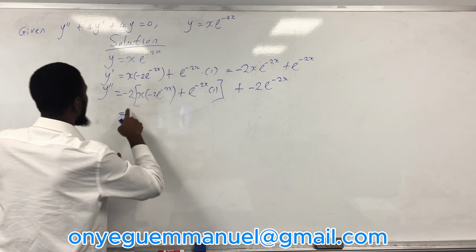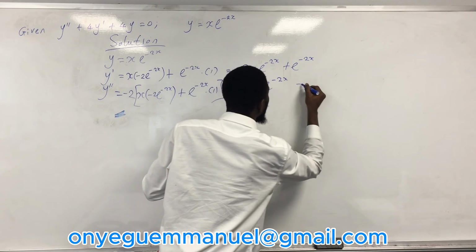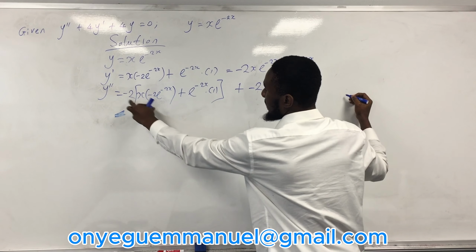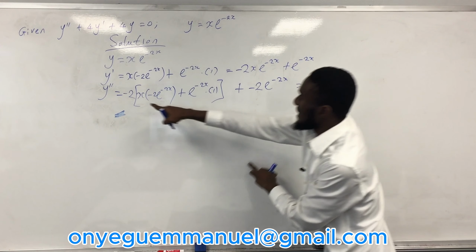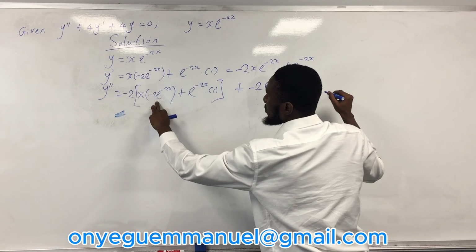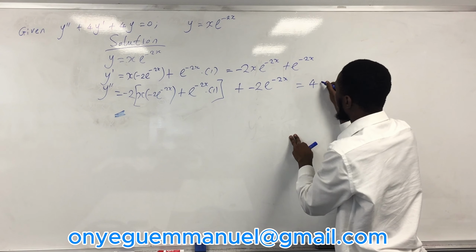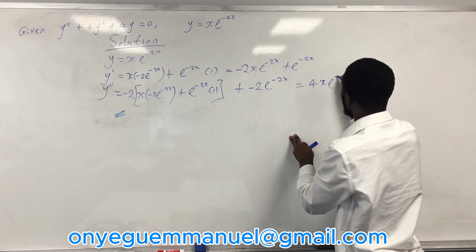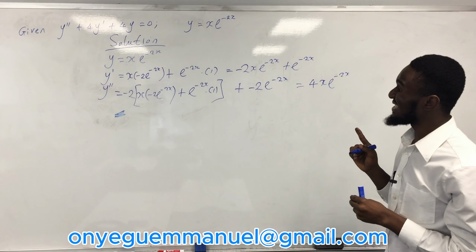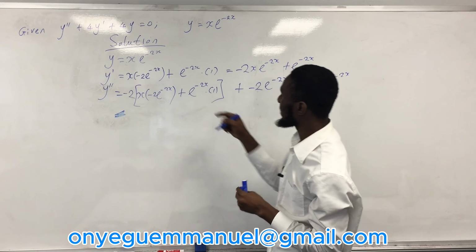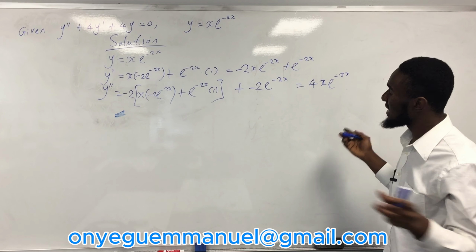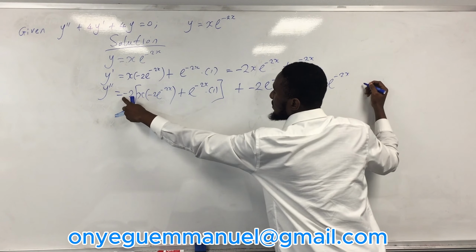If we distribute using this minus 2 here, minus times minus will give you plus, and 2 times 2 will give you 4. You have 4x exponential minus 2x. Please pay attention to the minus sign and plus sign so that you don't make a mistake. The next one is, use this to distribute this.